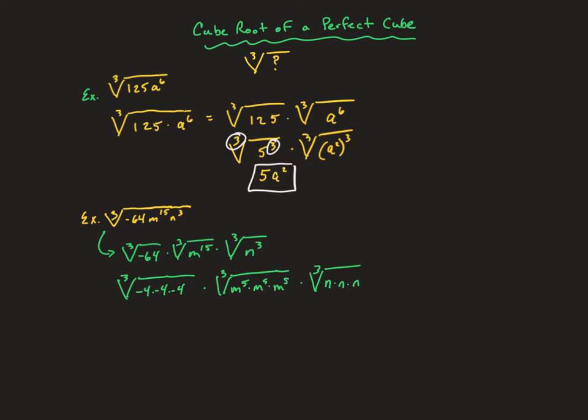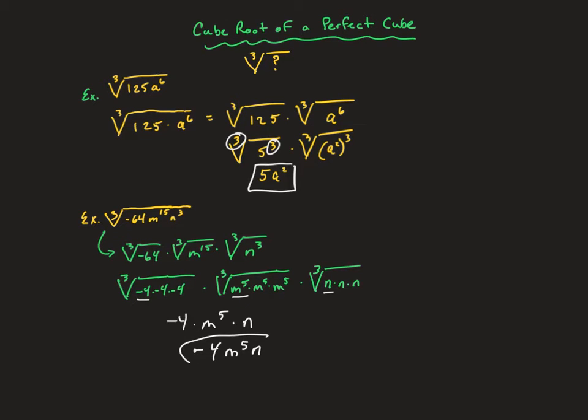So here the cubed root of negative 64 turns out that my three identical factors are going to be negative 4 times m to the 5th times n, or negative 4 m to the 5th n.